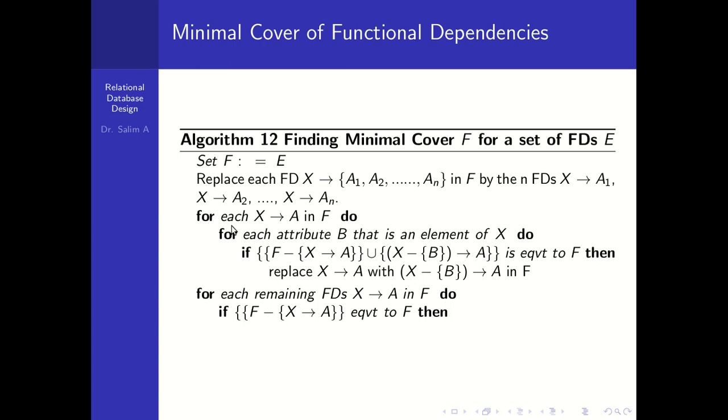Second, for each of the FDs, if the left hand side has multiple attributes, try to remove each one of the attributes on the left hand side, and check whether it still works or not. And the third rule is whether you can remove an FD as such, X determines A, from the set, and still this dependency set is covering or not. Therefore, this is the minimal cover. We will see an example, then it will be more clear.